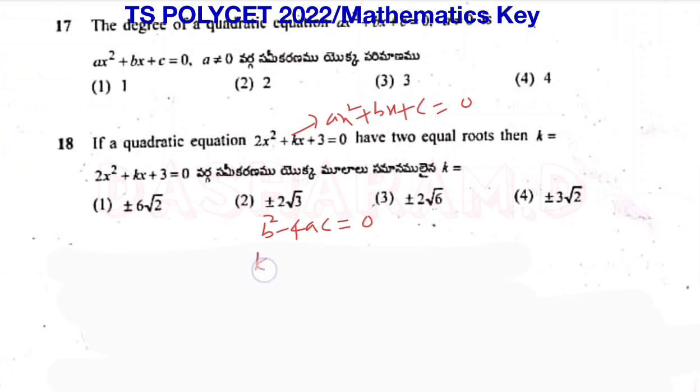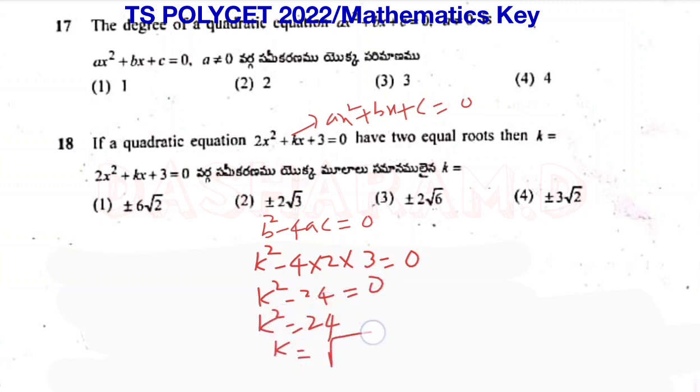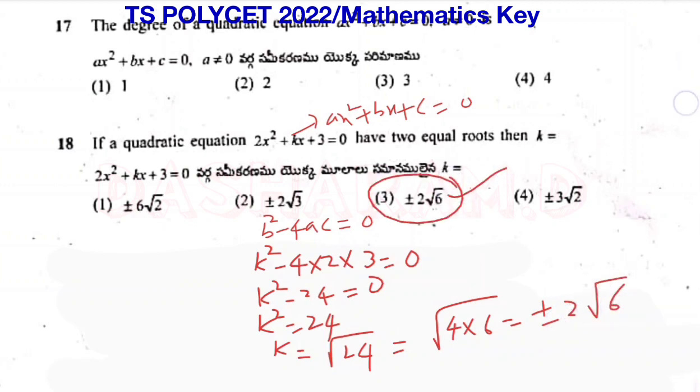So b value k, k square minus 4 into a value 2 and c value 3 equals 0. k square minus 4, 2 eights are 8, 8 threes are 24. So k square equals plus 24, then k equals under root 24. Now 24 can be written as 4 into 6, then plus or minus 2 into root 6. So option 3 is correct.